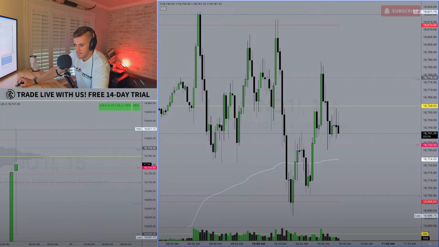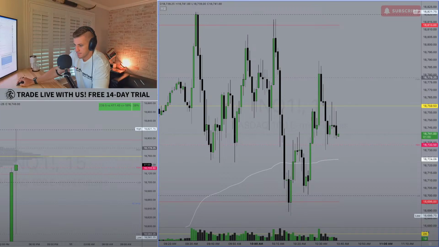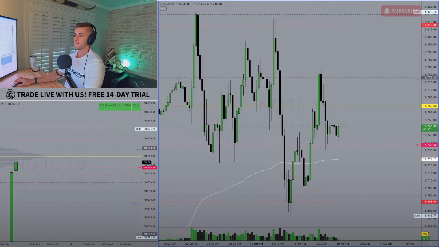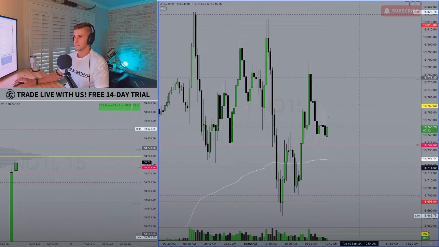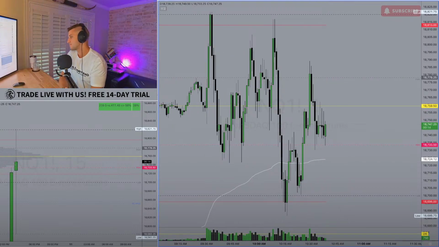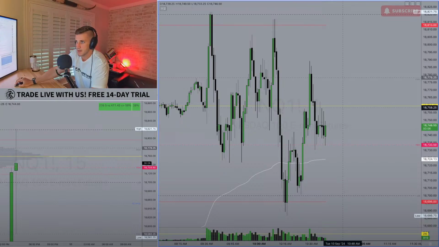Not a ton to do here. Not a ton to do. There's prior day high again. So let's see if this little area through here can resolve.